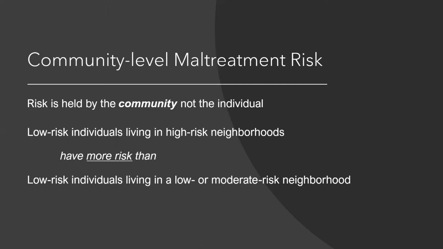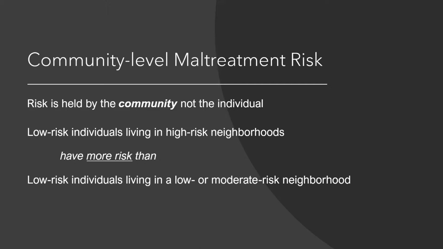So the entire point behind social determinants of risks, and what the World Health Organization has been saying since they've started this work, is that even a low-risk individual who's living in a high-risk neighborhood is going to have a lot more risk than a low-risk individual who's living in a low or moderate-risk neighborhood. So it gets back to our understanding that the community imparts risk on the individual.